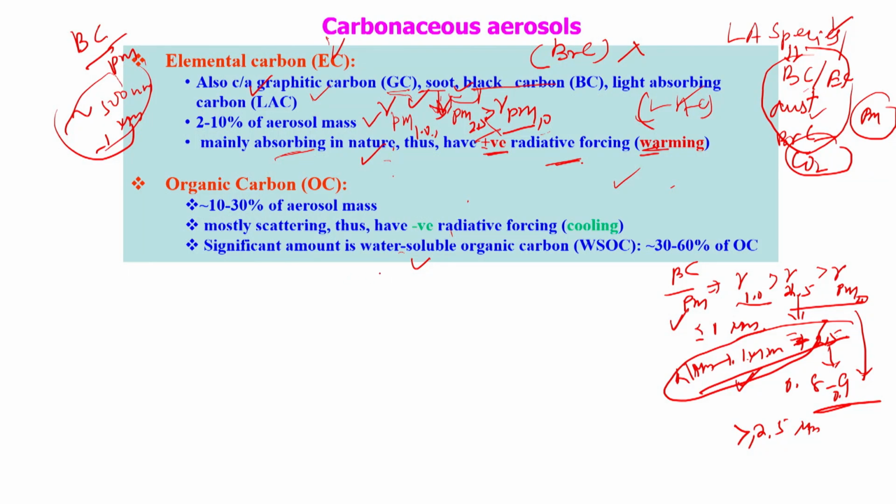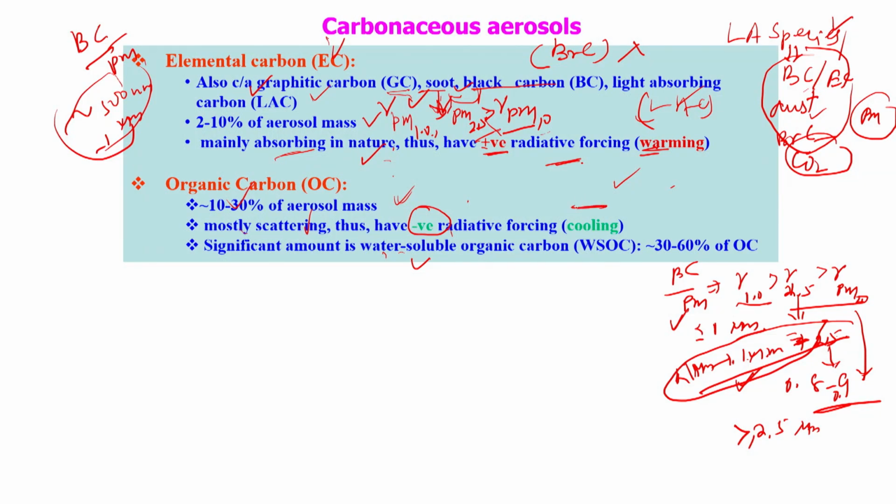Okay. On the other hand, organic carbon, they are the major fractions, about 10 to 30% they contribute. They are mostly scattering in nature and have negative radiative forcing. This is very important. So, this means they will have cooling.